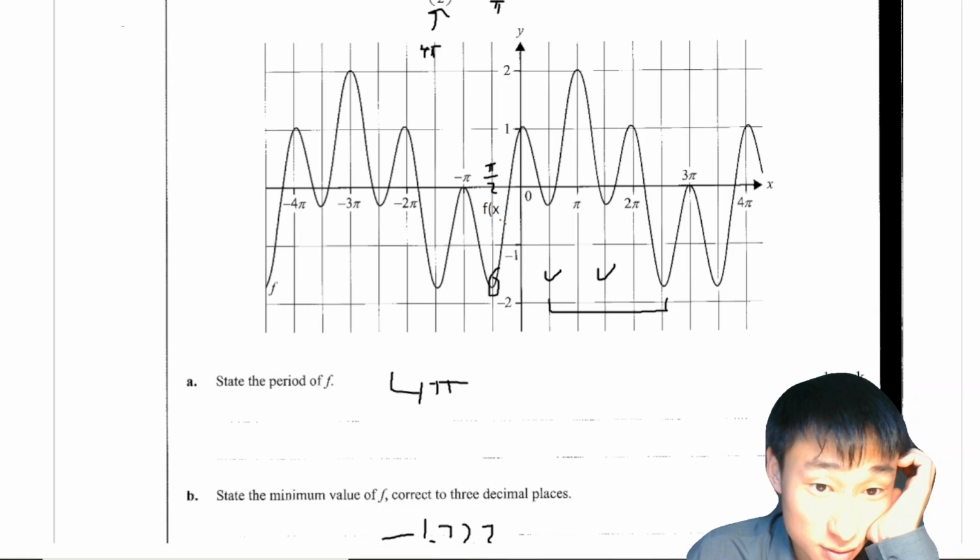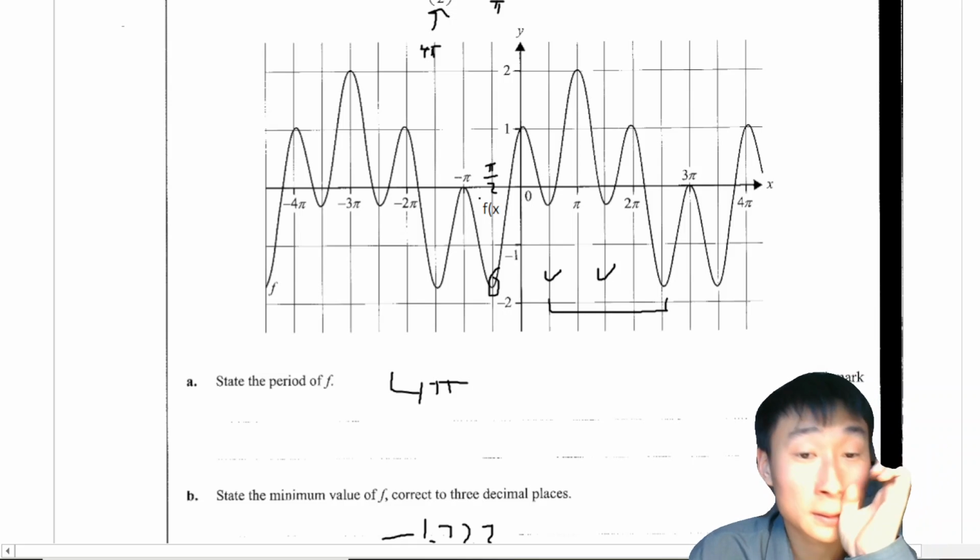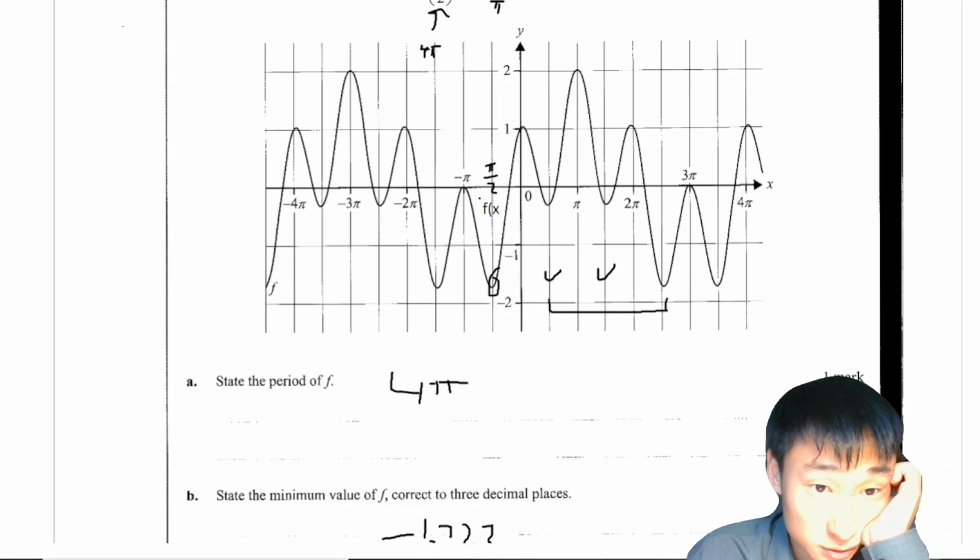Okay, so this is a really interesting way of thinking about it, I think.